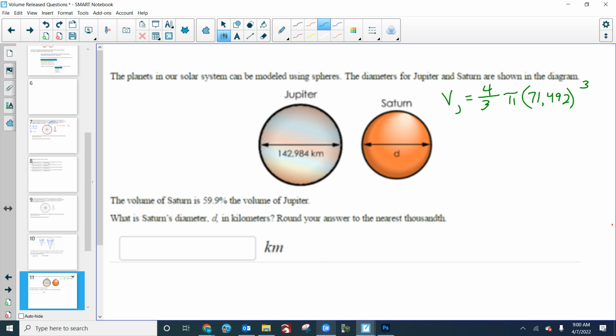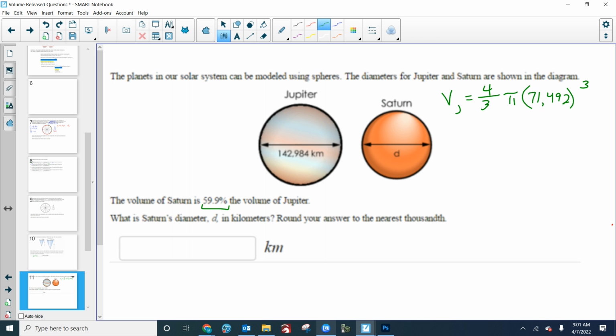Here's my plan. I can find the volume of Jupiter. I'm going to take 59.9% of it. That's my volume of Saturn. Then I'm going to plug that in and solve for r in Saturn. And then since they asked me for its diameter, I'm going to double it.